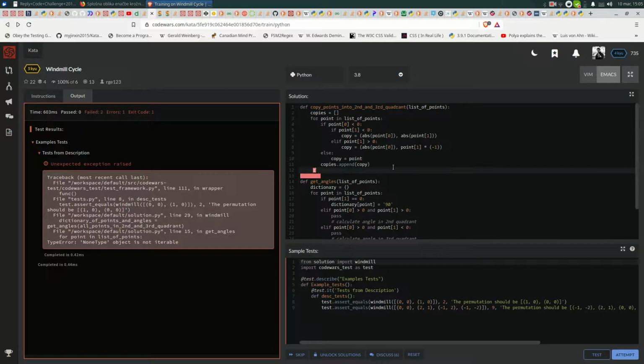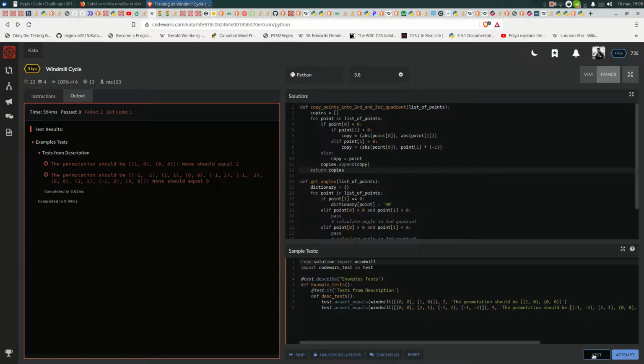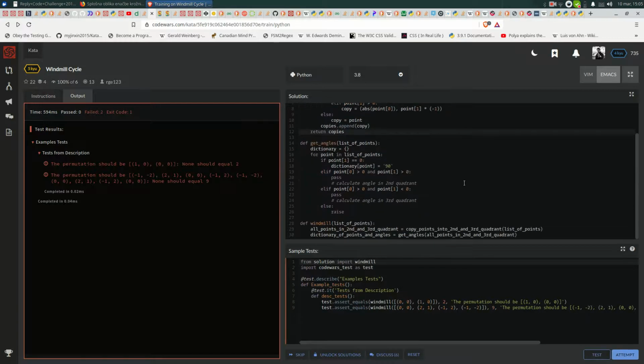We need to return copies. Alright, and no error gets raised. That's a good thing. So now we have to calculate the angle in the second quadrant.